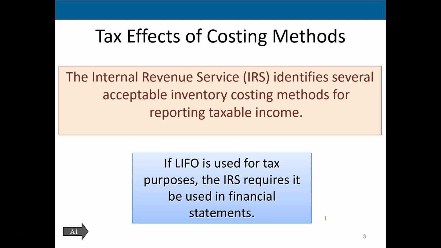Generally accepted accounting principles, the idea is to report as accurately as possible, to have a matching principle that's as good as possible so that we can compare period to period, so that users of the financial statements can get the best, most relevant information. Those users of the financial statements, if they're publicly traded, will oftentimes be investors, the public. Therefore, we want to give very accurate information. The IRS may have different types of incentives.